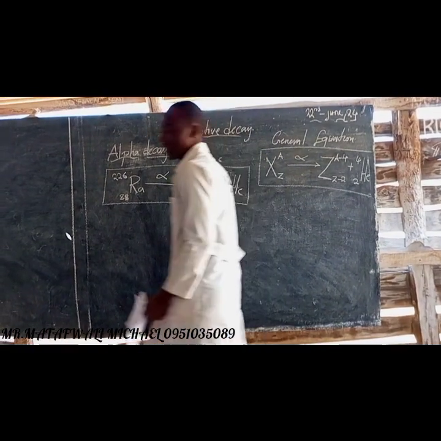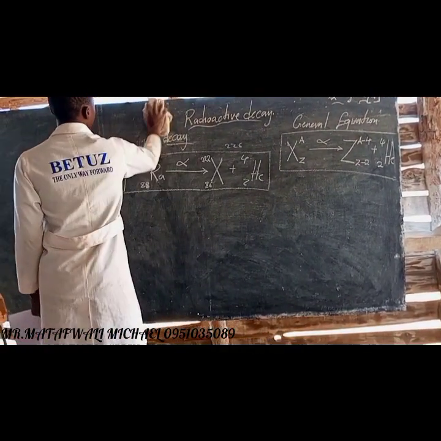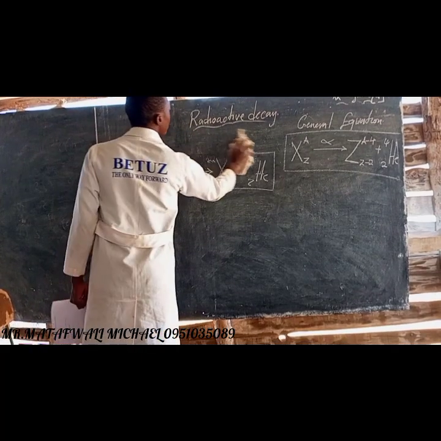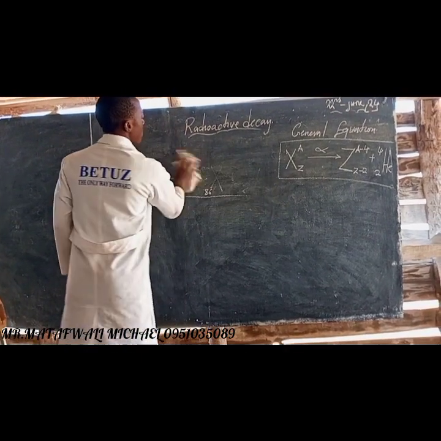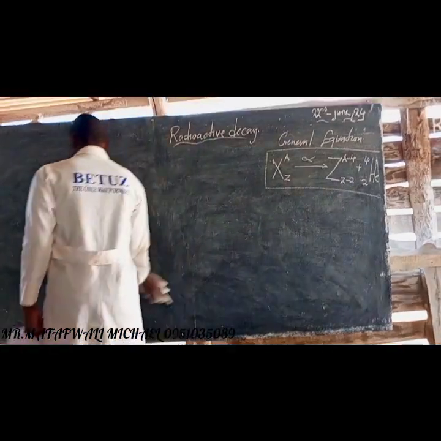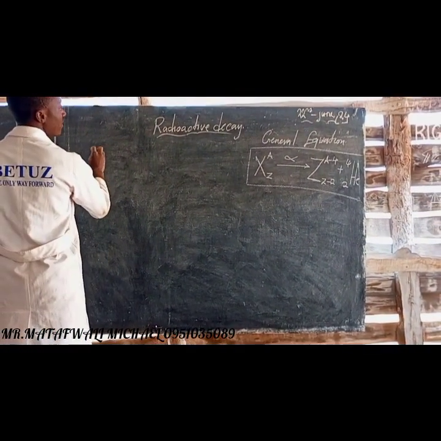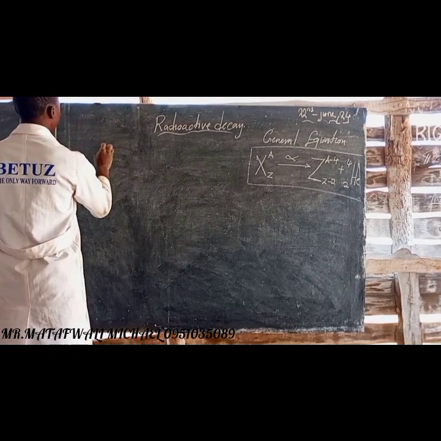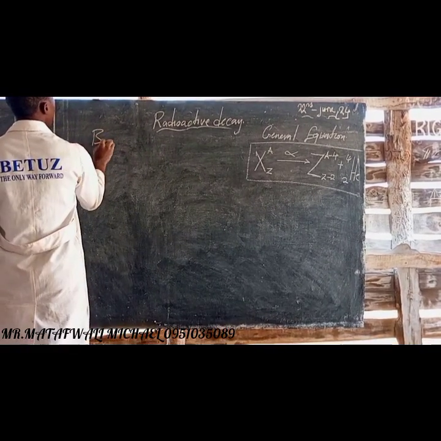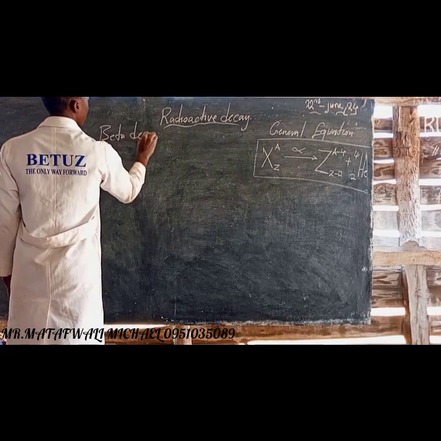So now after talking about alpha decay, we are going to move on to beta decay, so that we see the changes that take place when an element emits a beta particle. So we are going to write here beta decay.